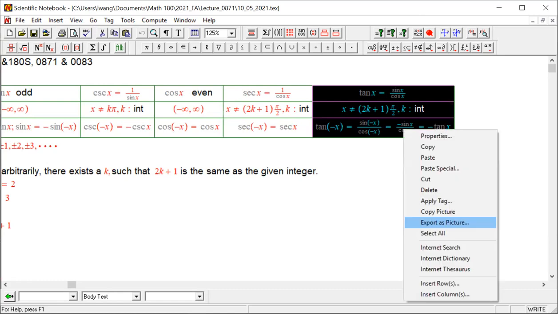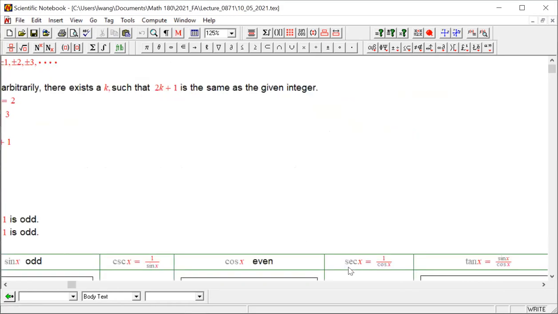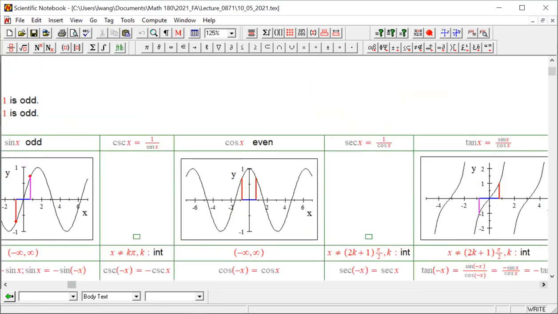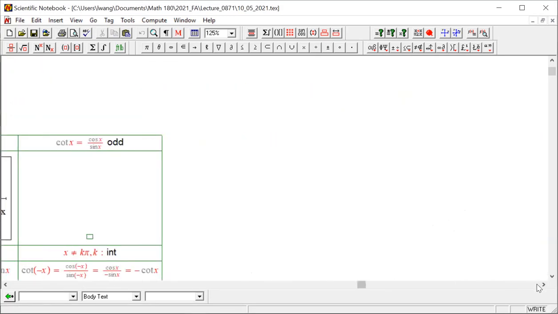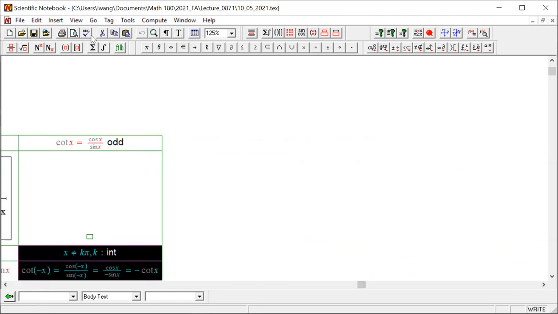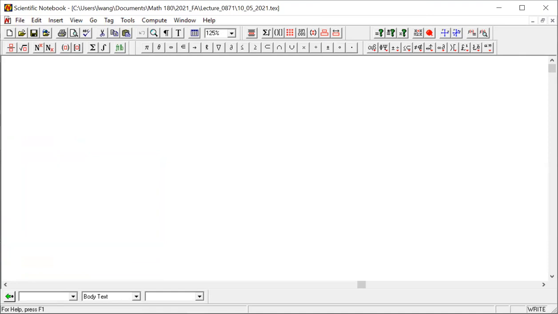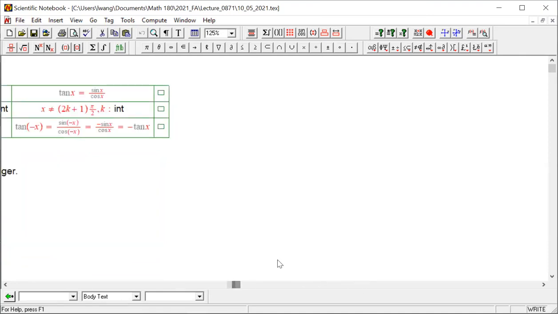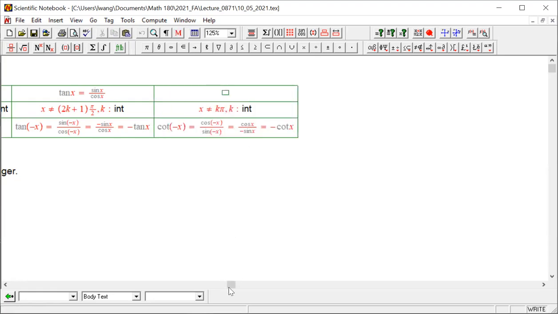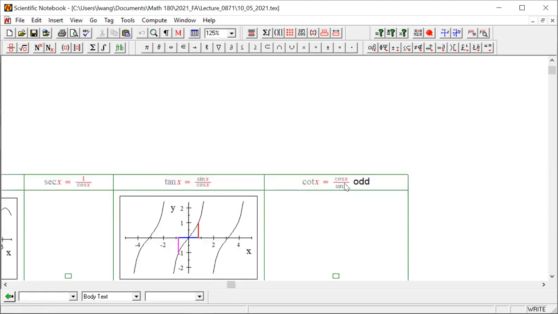I'm missing one of the columns. I missed the tangent here. I'm missing the cotangent. So right here, my cotangent is odd.